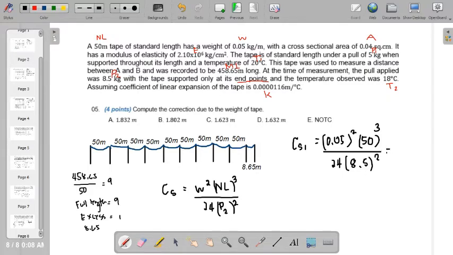If you press your calculator, this will give you 0.18022. Now CS2 will be 0. The same lang siya, no?